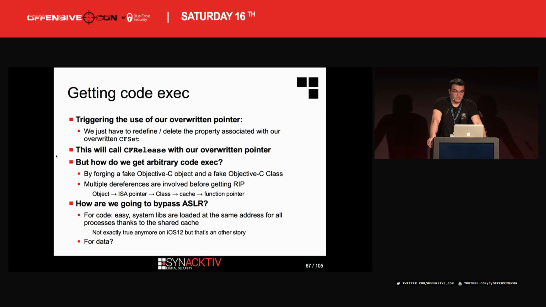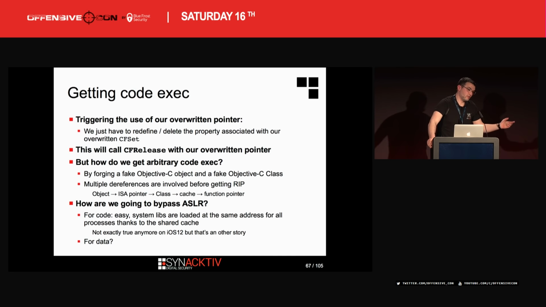But the question is, how do we get arbitrary code exec? The answer is by forging a fake Objective-C object and a fake Objective-C class. The problem is that there are a lot of dereferences involved before getting RIP.